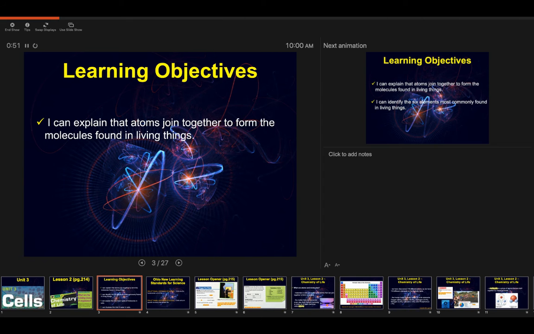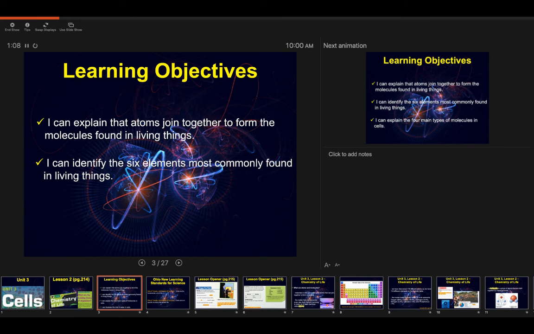The objective of now through next Wednesday, for about a week, is that you can explain that atoms join together, bond together, to form molecules that are found in living things, plants, animals, anything living, any organism. And you will be able to identify or name 6 different elements that are found in living things, including us.